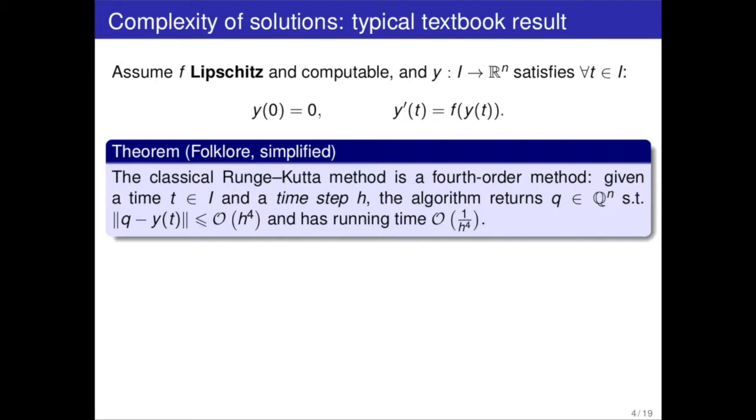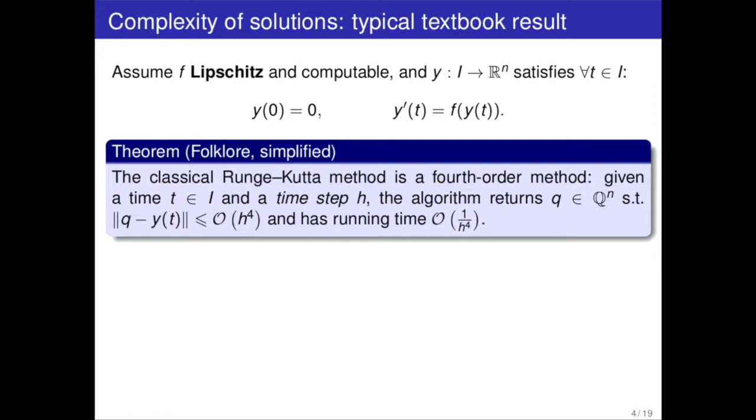It means there's an algorithm that, given a time t and a time step h, which you have to give to the algorithm as a parameter, returns q, a rational number, such that the distance between q and the actual solution is less than big O of h to the 4. Furthermore, the runtime of the algorithm is big O of (1 over h) to the 4. And then other things, like maybe the method is A-stable or whatever. Okay, so this is a typical result from a textbook.